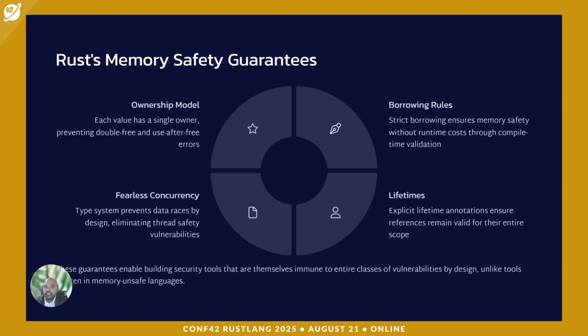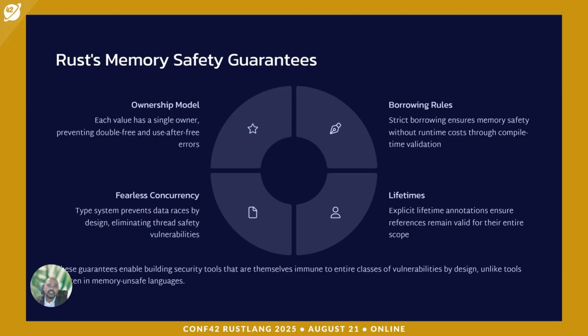Lifetimes make sure nothing outlives its valid scope, and fearless concurrency means no data races even in multi-threaded code. If you build a container scanner or an API gateway in Rust, you are not just protecting applications, you are ensuring the tool itself is not a new attack vector. This is why companies like Dropbox have reported zero memory safety bugs in Rust-based modules.